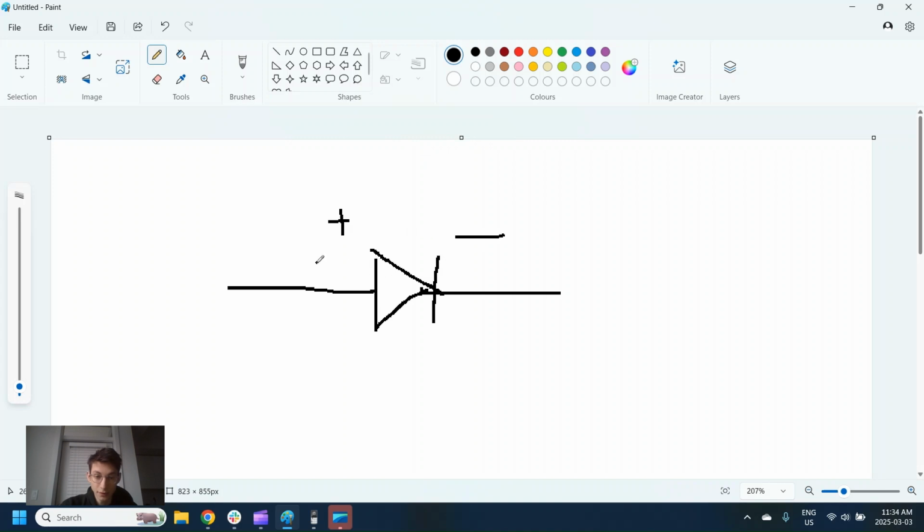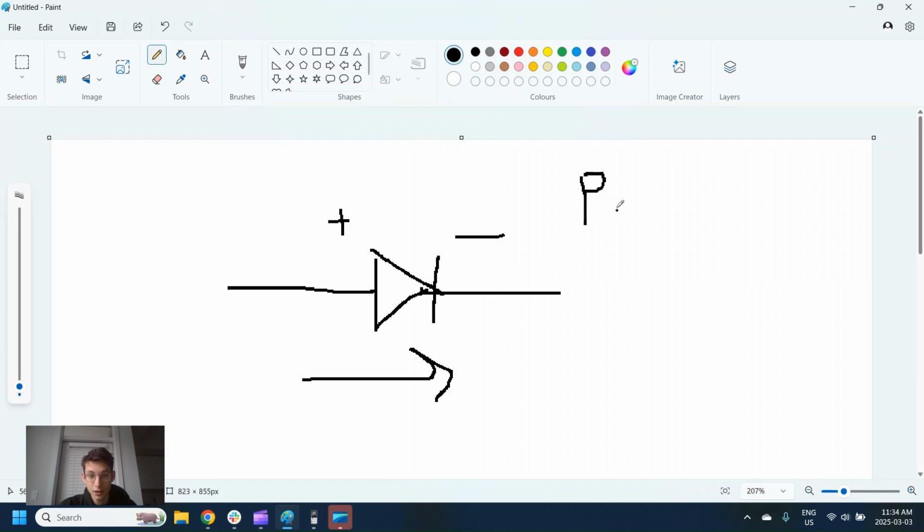Well, you have a voltage drop across it, usually around like 0.7 volts-ish on power diodes. And when you put a current through that, it's going to cause that voltage drop. And then when you try and put a current back, nothing happens. So what are the power losses going to be?